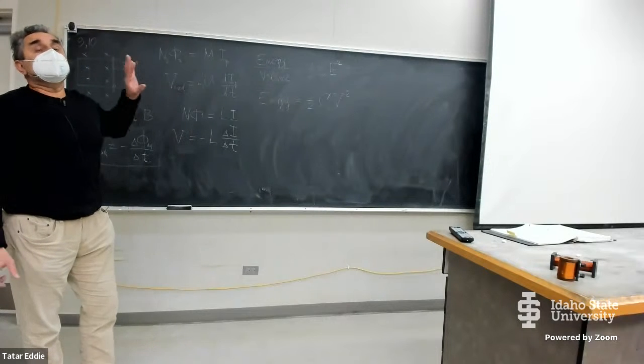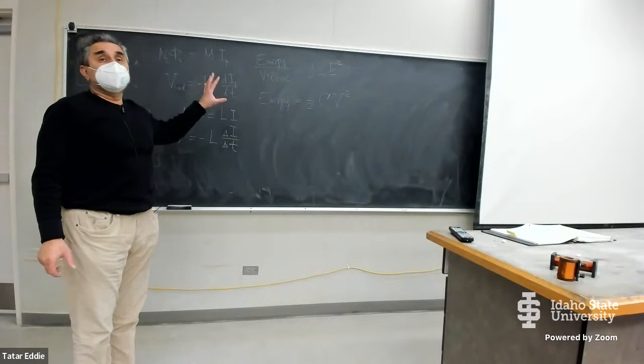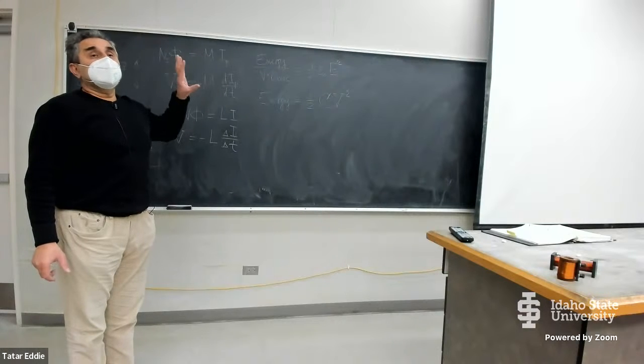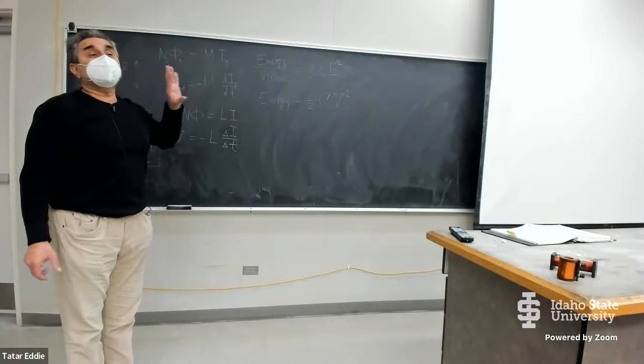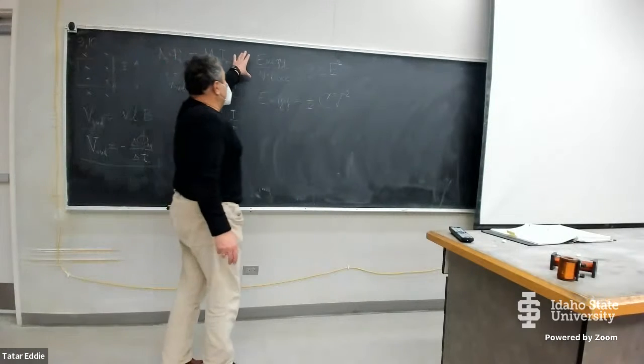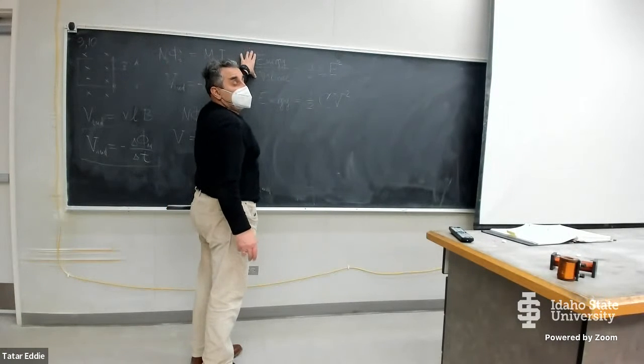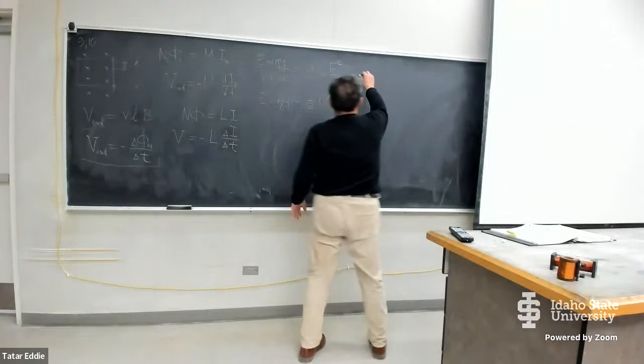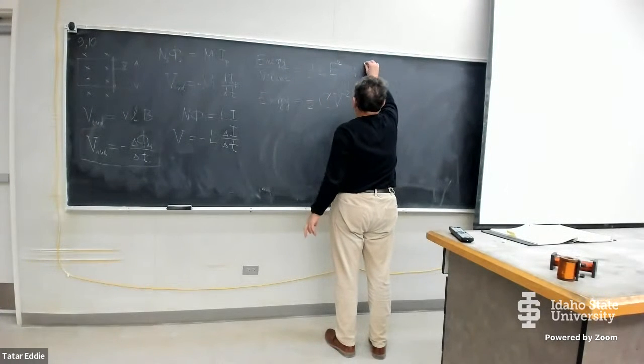Well, similar considerations yield the amount of energy stored in magnetic fields. So the analog of this formula for energy density looks like this, the magnetic analog.